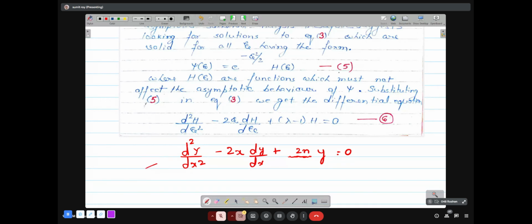This is the exact format of the Hermite equation. ये हर्माइट इक्वेशन है. तो ये जो इक्वेशन है, ये एग्जैक्ट हर्माइट इक्वेशन में फिट हो जाएगा इफ यू टेक लैम्डा माइनस 1 इक्वल्स टू 2n. आप ऐसा लीजिएगा तो ये एग्जैक्ट हर्माइट इक्वेशन में फिट कर जाएगा.